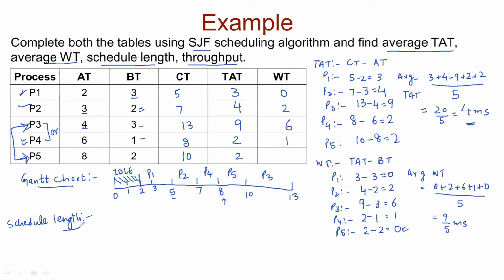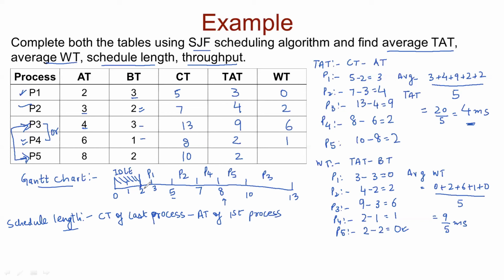In terms of formula, it is completion time of last process minus arrival time of first process. Scheduling, when scheduling started? When first process arrives.